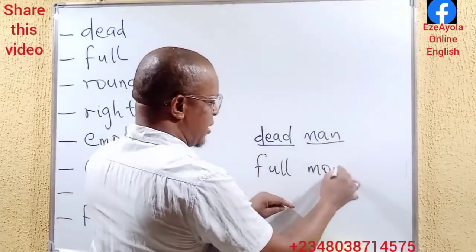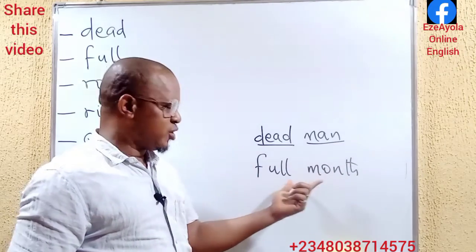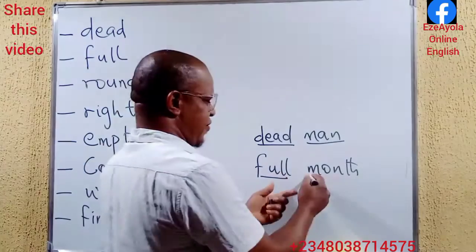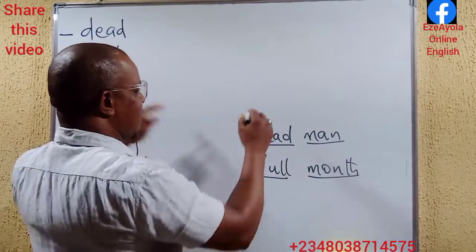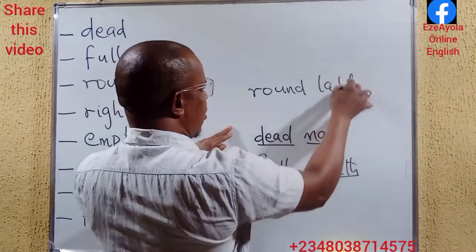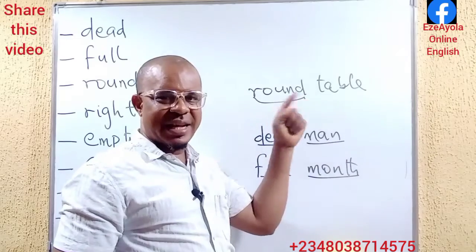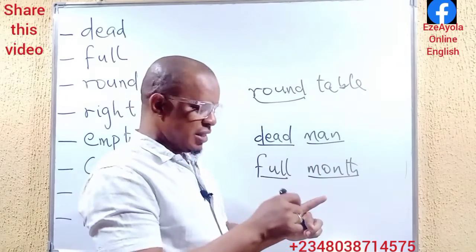Full month, all right? This is an adjective describing the month. Now, when we say round table, the round is an adjective describing the table.